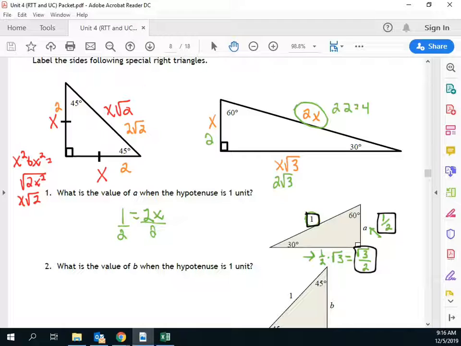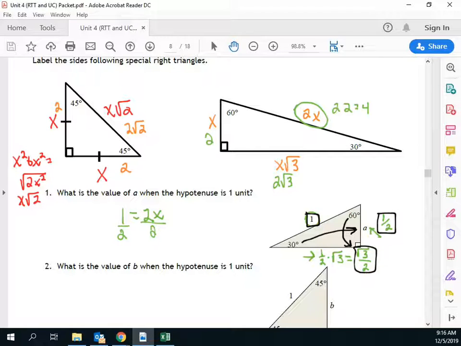And so you're looking at a 30, 60, 90 triangle. The side opposite of 30, when the hypotenuse is 1, is 1/2. The side opposite of 60 is root 3 over 2. And the hypotenuse is 1, which we'll talk about in a moment. It's going to be a radius, but we'll get to that in just a minute.